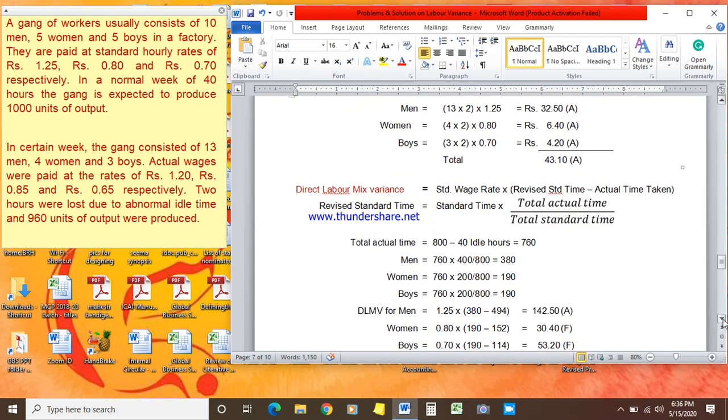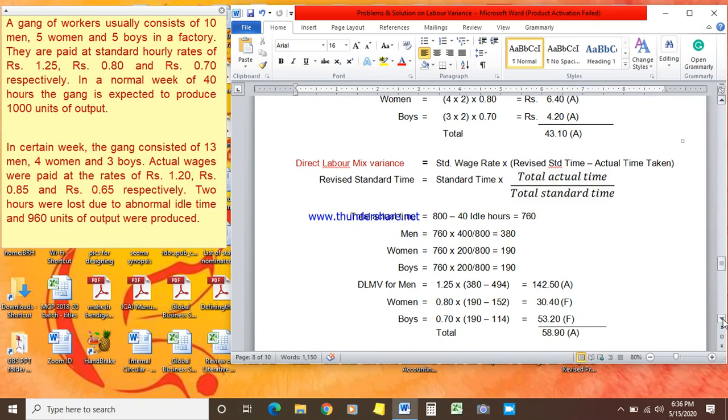Finally we have direct labor mix variance. When calculating the direct labor mix variance, again we need to look at 2 things: the total standard hours and the total actual hours taken. Only if there is any difference between these two should we go for the revised standard time calculation.